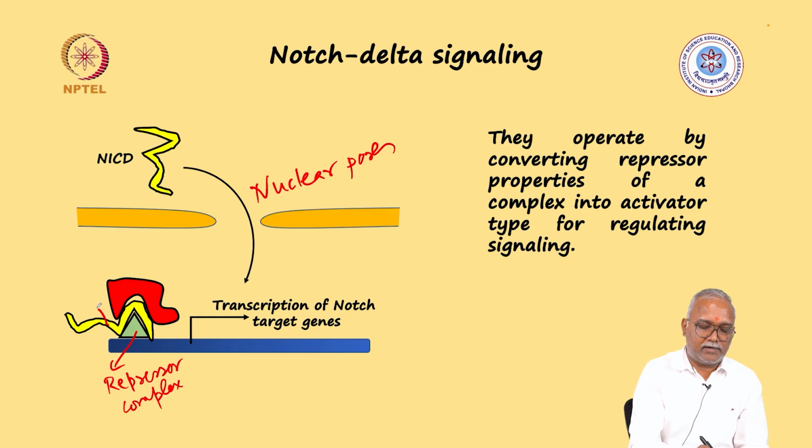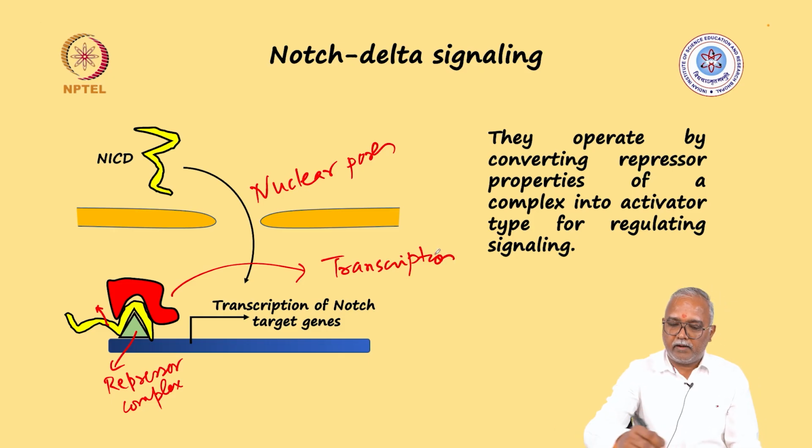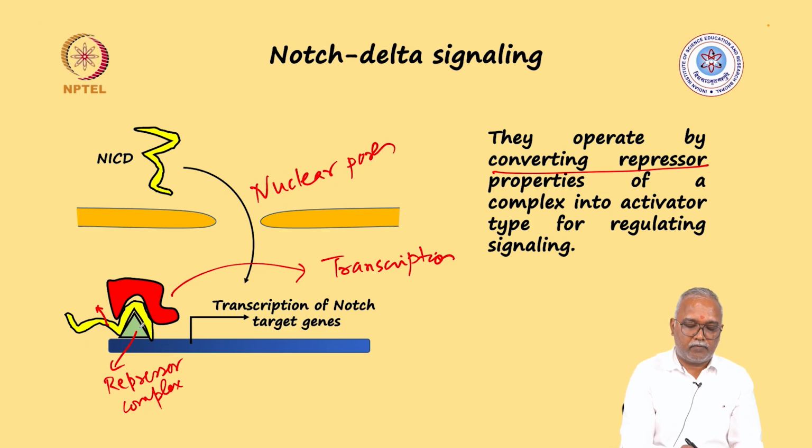NICD binds to that and turns on the transcription. So basically Notch-Delta signaling works by converting the repressor property of the molecule which is bound to the chromatin into an activator type and thus induces transcription.